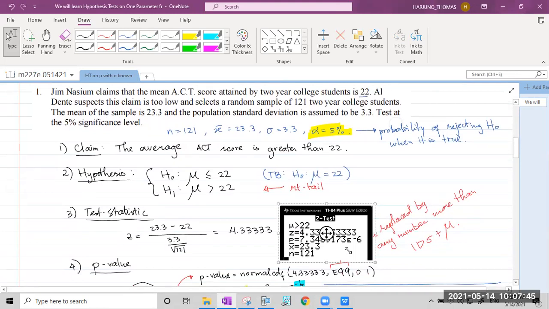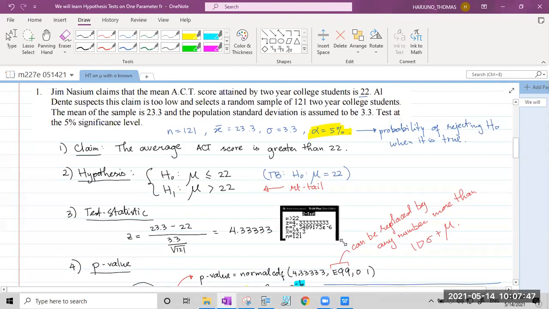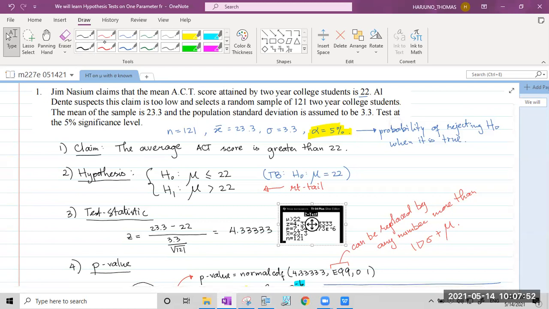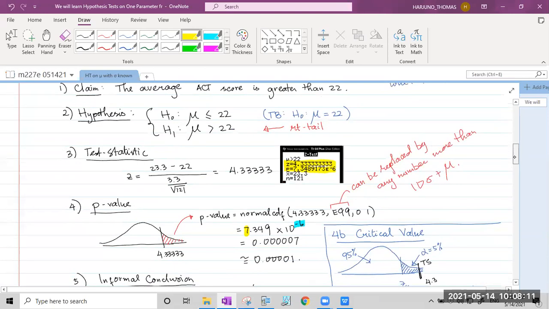Now, the reason we don't use our calculator only to do this hypothesis testing, not to substitute, but just to supplement our procedure, is because our calculator actually only helps us with step 3 and step 4. It doesn't help you with steps 1, 2, and 5, 6.